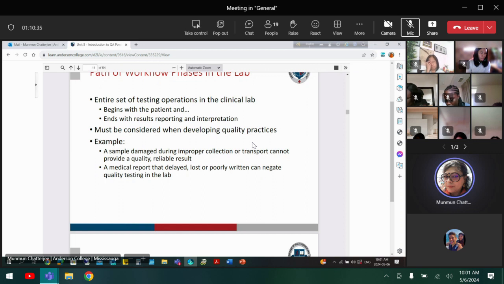If you have a bilirubin sample, a light-sensitive sample, you have to collect it in dark amber glass or wrap it with foil. Otherwise, it's not going to give you good results. Or for the glucose tolerance test, if you don't collect the blood immediately in the gray tube, it may give you false results.